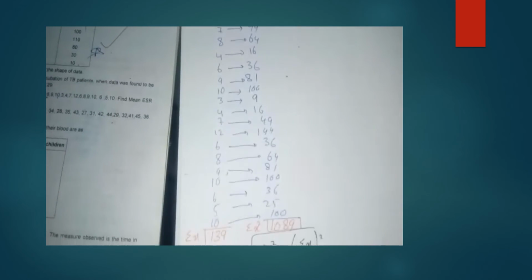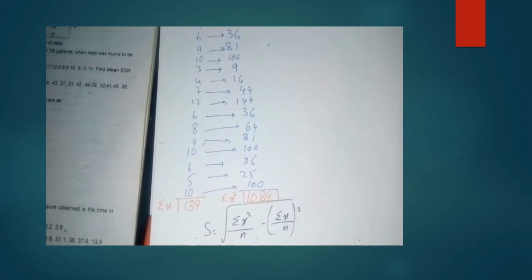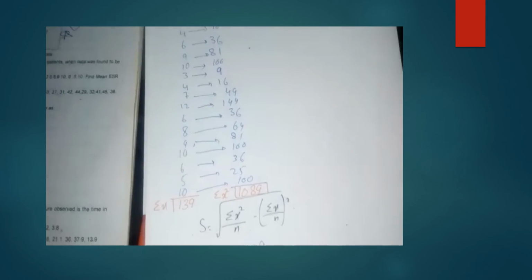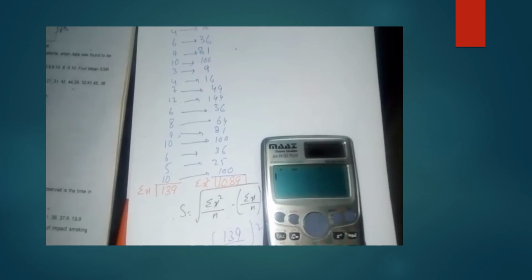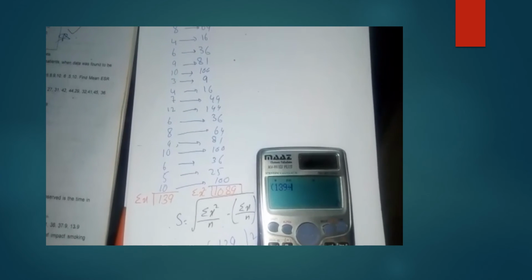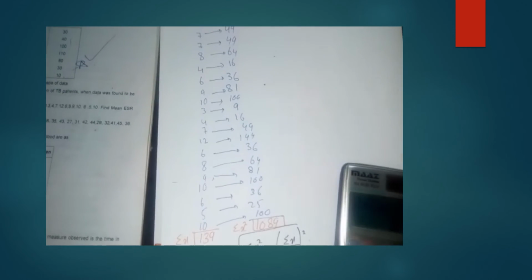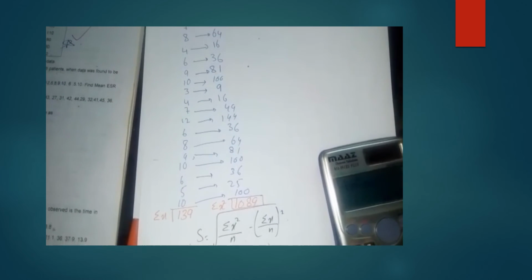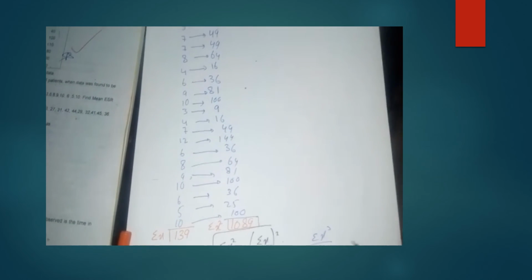So first, 139 divided by 20 and the square, the answer is 48.30.